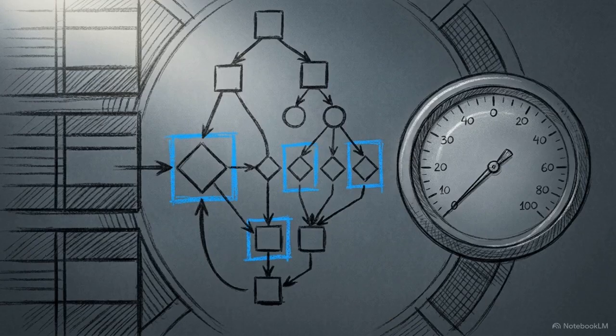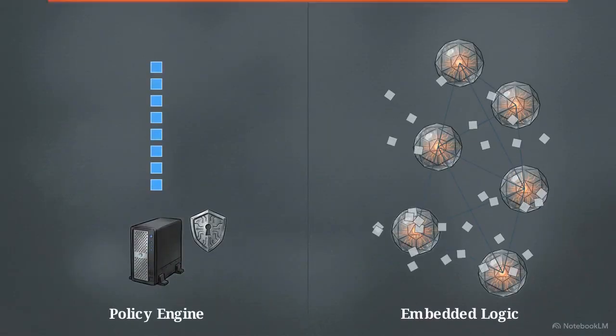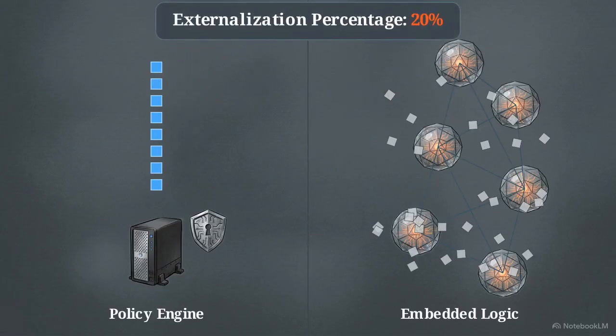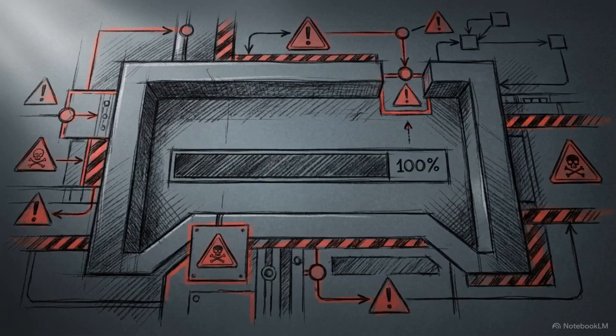Once you can see your authorization logic, you can measure it. The primary metric for this is the externalization percentage. This is the fraction of total enforcement points in a codebase that consult a centralized policy engine, compared to those still relying on embedded logic. When EnforceAuth ran its first internal baseline test against a well-maintained modern application stack called EA Financial, the results were sobering.